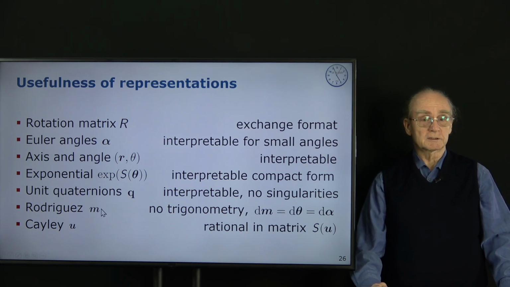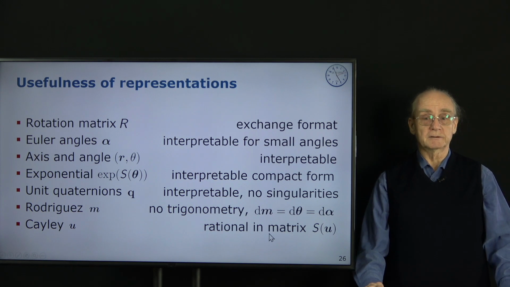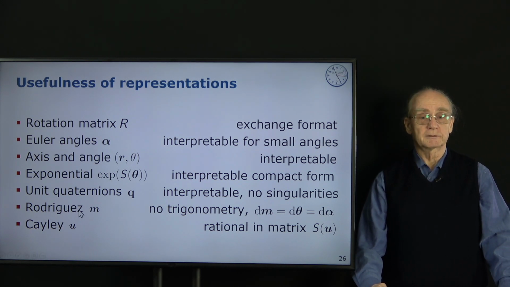While the Rodriguez and the Cayley parameters have singularities. They are not useful for 180-degree rotations. And we have the nice property of the Rodriguez representation that small changes of the parameters m correspond to small Euler angles or to small elements of the rotation vector. So this is the overview of all these rotations.